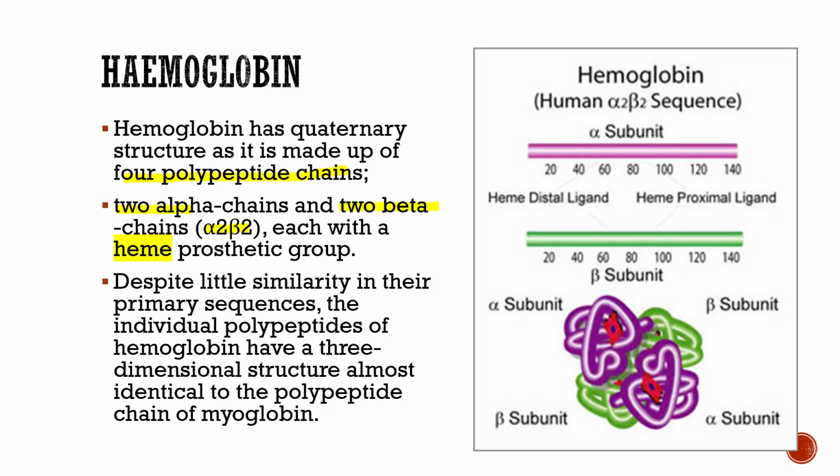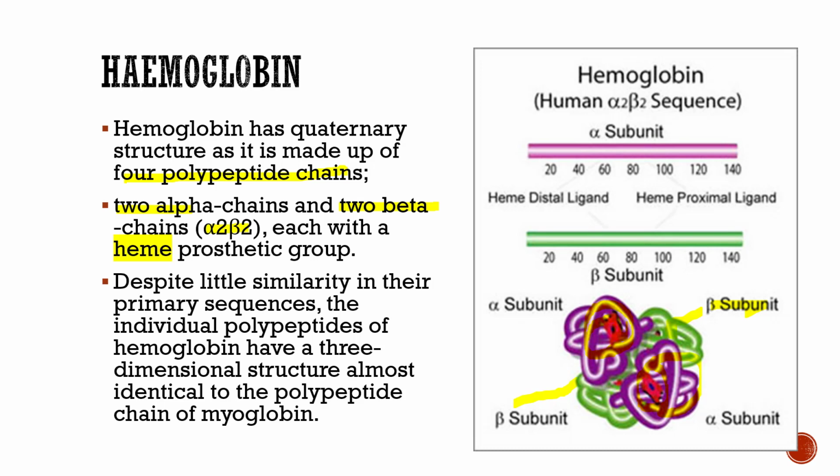Each will have a heme prosthetic group. You can see here the pink one is the alpha chain, and the green one is the beta subunit. The red one is the heme prosthetic group at the center of it.